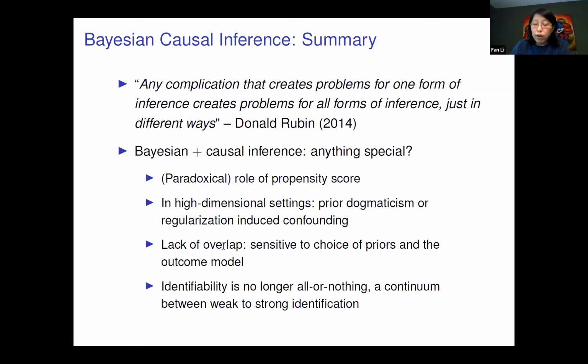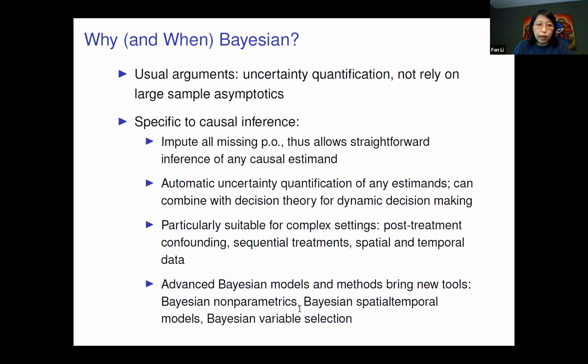And then the lack of overlap: the key concepts of balance and overlap will continue to be prominent in Bayesian inference, even if on the surface it looks like, oh, I build a model, then I'm done. It's actually not that simple. And the last issue I didn't have time to touch is identifiability, which is no longer all or nothing, but rather a continuum between weak and strong identification. But that's for another day.